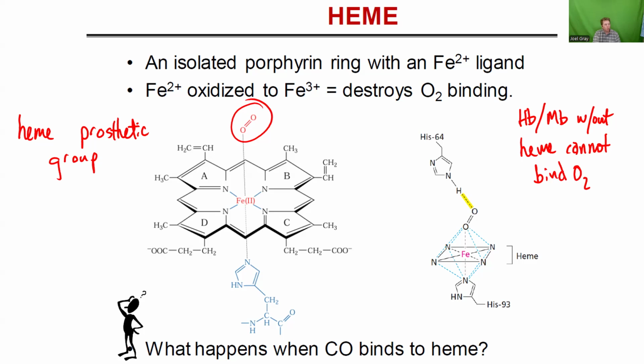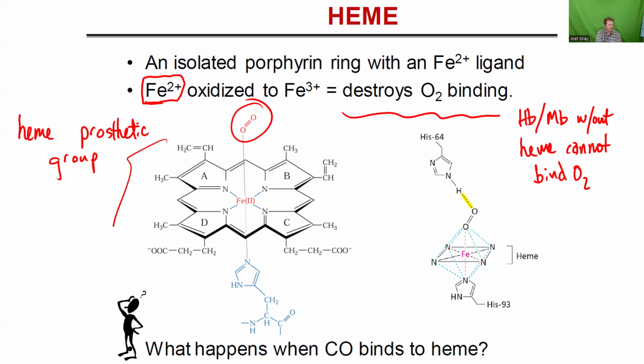One thing that's really important is that Fe2+ is the ion we need at the center of that heme ring. Fe3+ is another ion, and if that Fe3+ is at the center of that heme, then all of a sudden we can't bind oxygen very well.